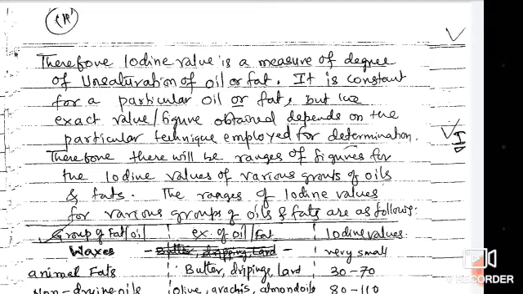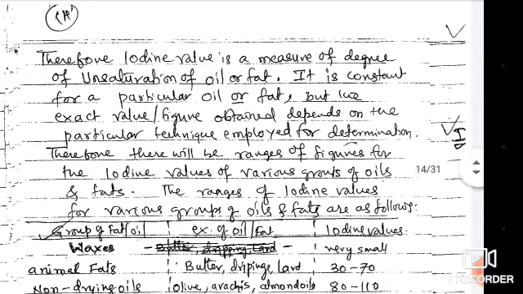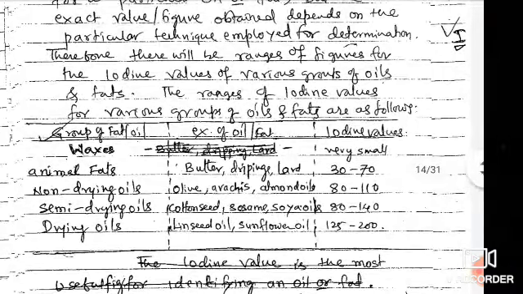Therefore, there will be ranges of figures for the iodine values of various groups of oils and fats. The ranges of the iodine values for the various groups of oils and fats are shown in the table below.